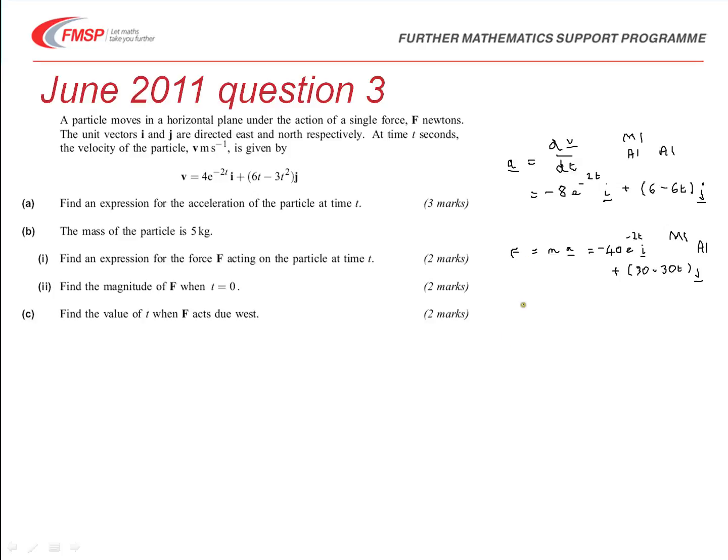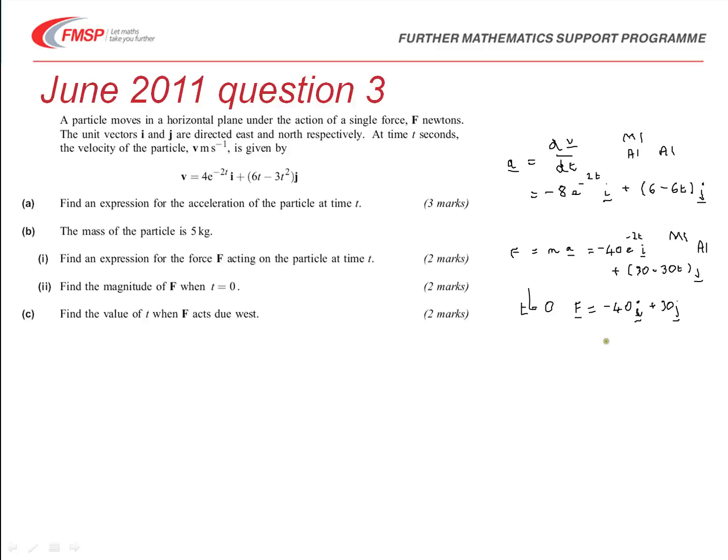So when t equals 0, F will equal, if we substitute 0 in, e to the 0 is 1, so we get minus 40i, and then we get 30 minus nothing, so that's just plus 30j. Sorry, I said j when I meant i there. Apologies. So it's minus 40i plus 30j.